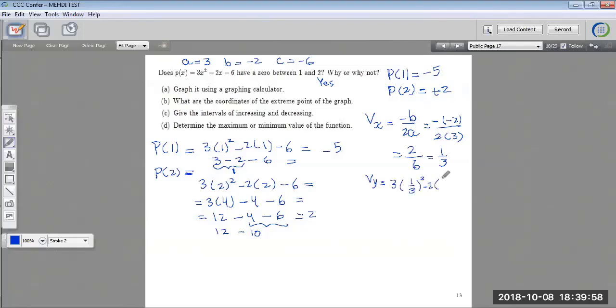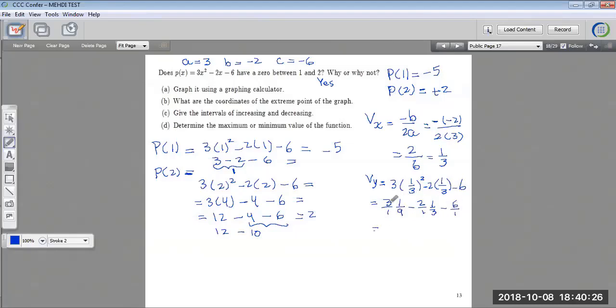in your polynomial. So you get 3 over 1 times 1 over 9, minus 2 over 1 times 1/3, minus 6 over 1.